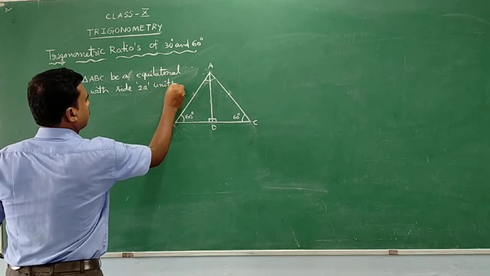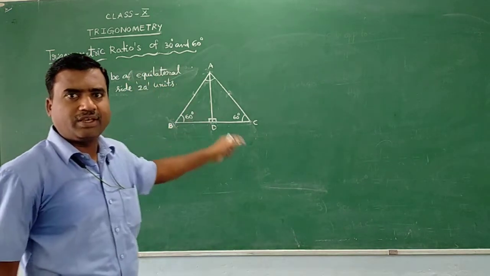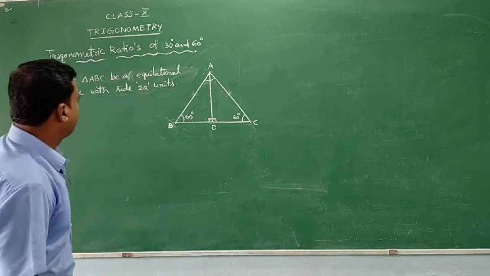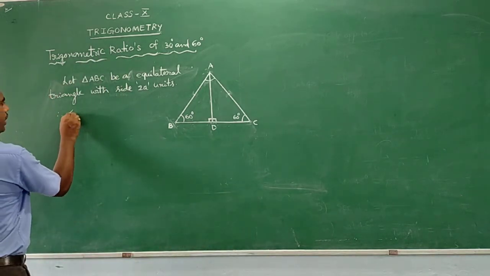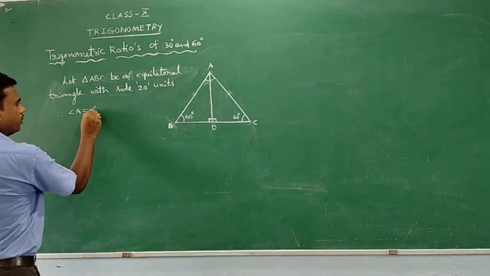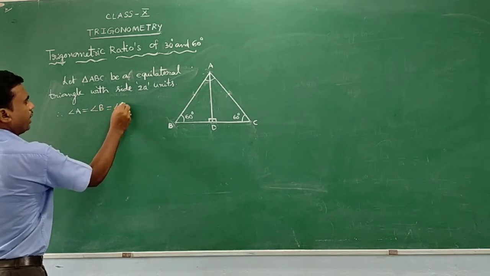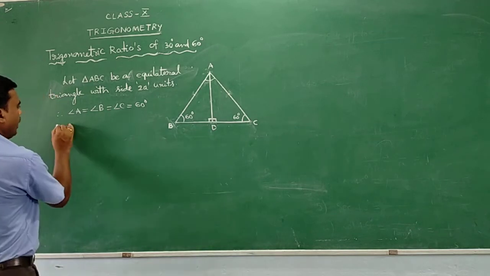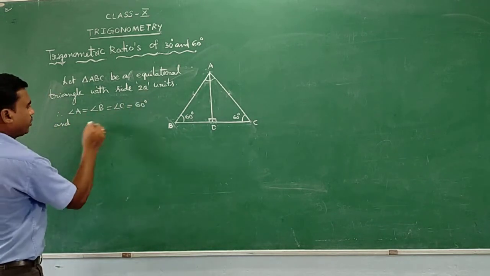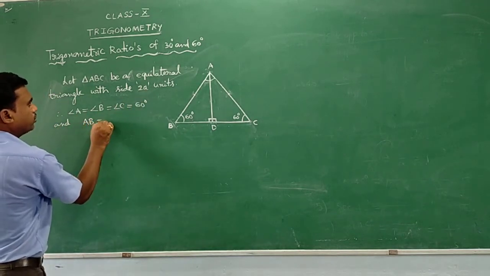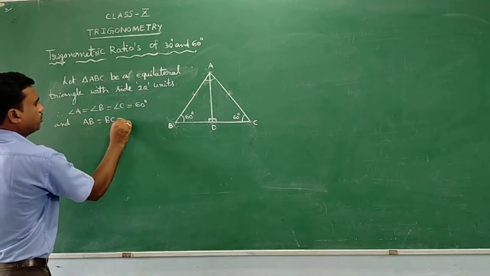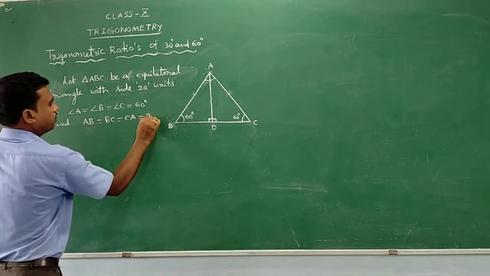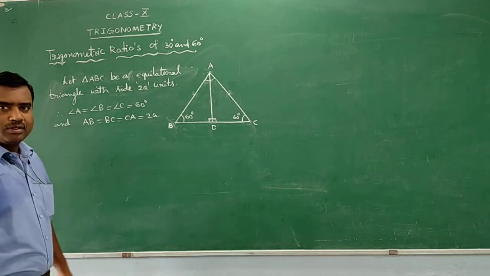So the length of each side is 2a units. Therefore, angle A is equal to angle B is equal to angle C is equal to 60 degrees, and the three sides are equal. AB is equal to BC is equal to CA is equal to 2a.